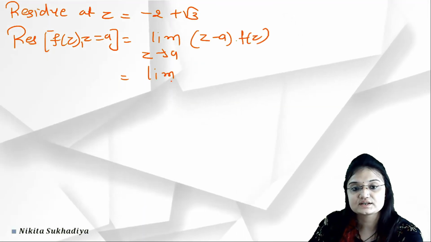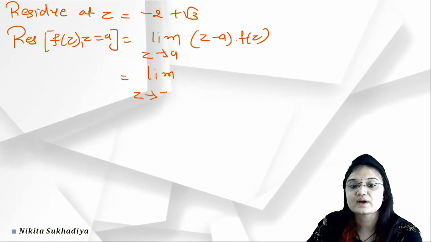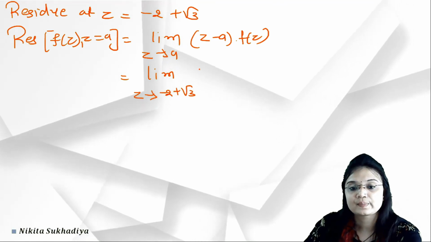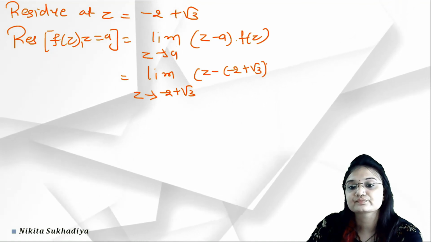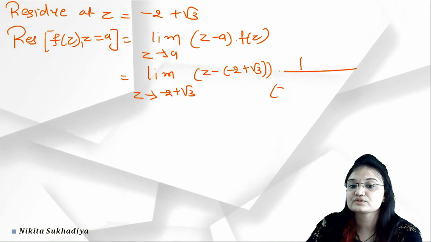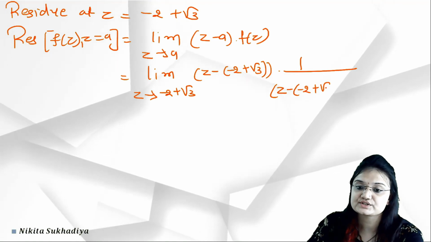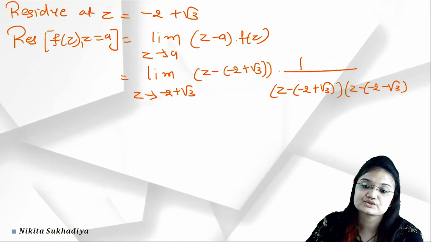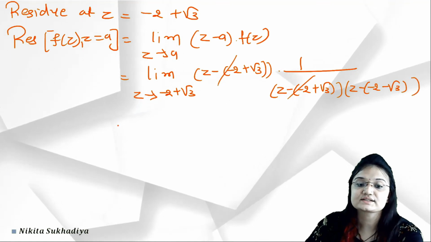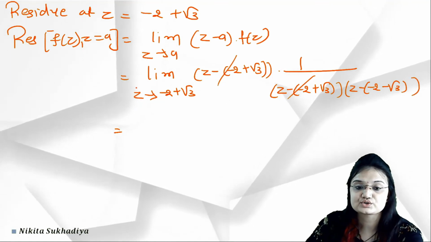So a is nothing but z tends to minus 2 plus root 3. This is z minus 2 plus root 3 into function 1 upon z minus 2 plus root 3 and z minus 2 minus root 3. So these both cancel out, and put z is equal to minus 2 plus root 3.